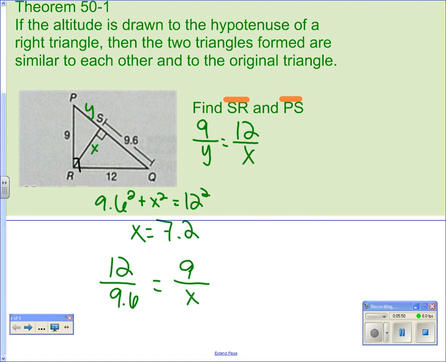Like that. You'll end up getting the same thing. Did you have that except Y instead of X? Yeah. Does that make sense?